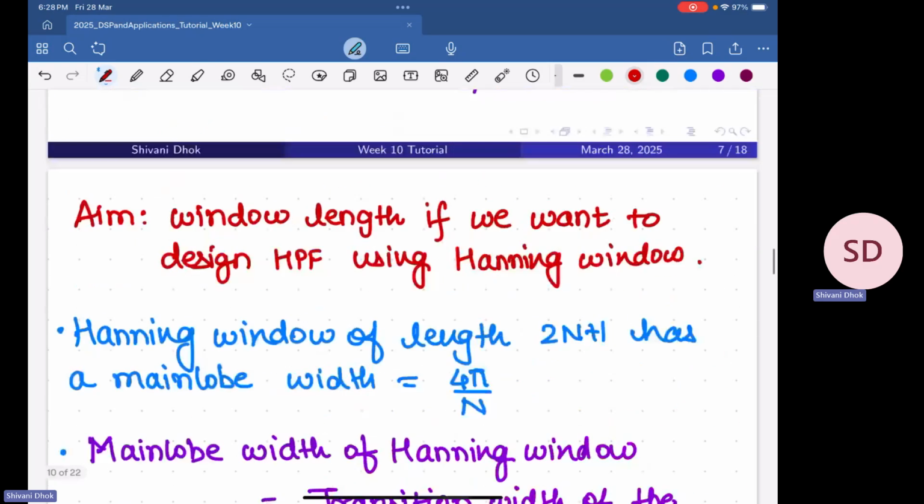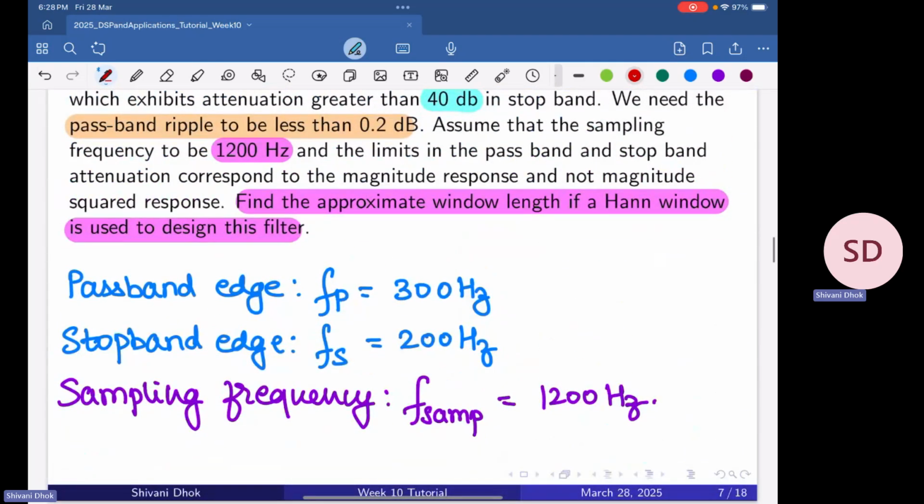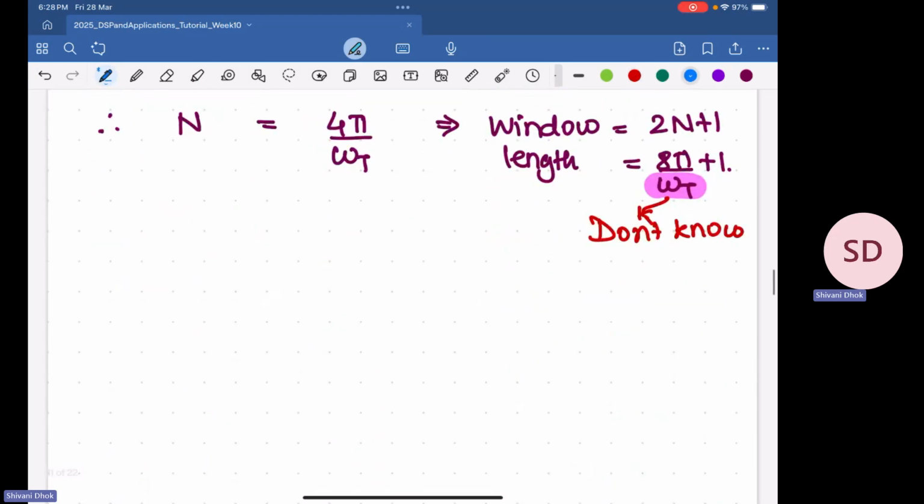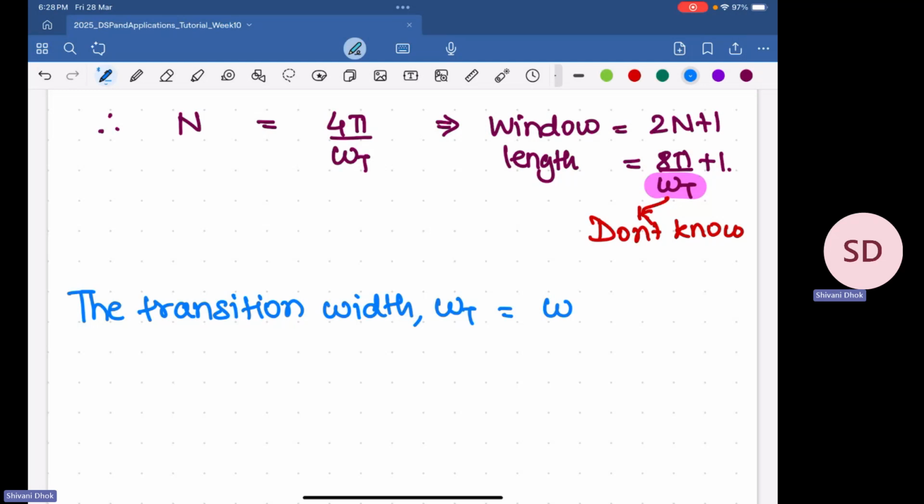But what is given to us? We are given the passband and stopband edges. And using these passband and stopband edges, we can figure out this transition width. So the transition width omega t is given by, this is a high pass filter, so this will be given by omega p minus omega s.